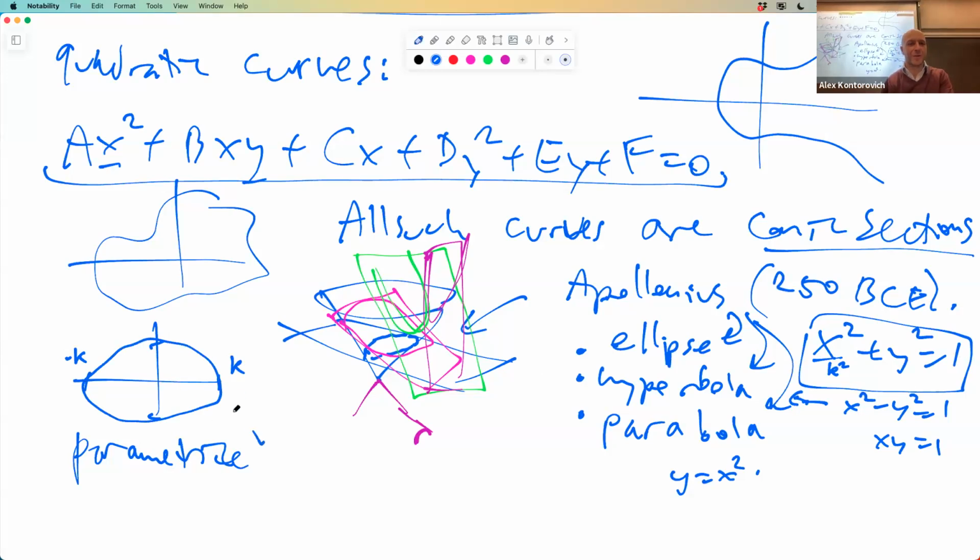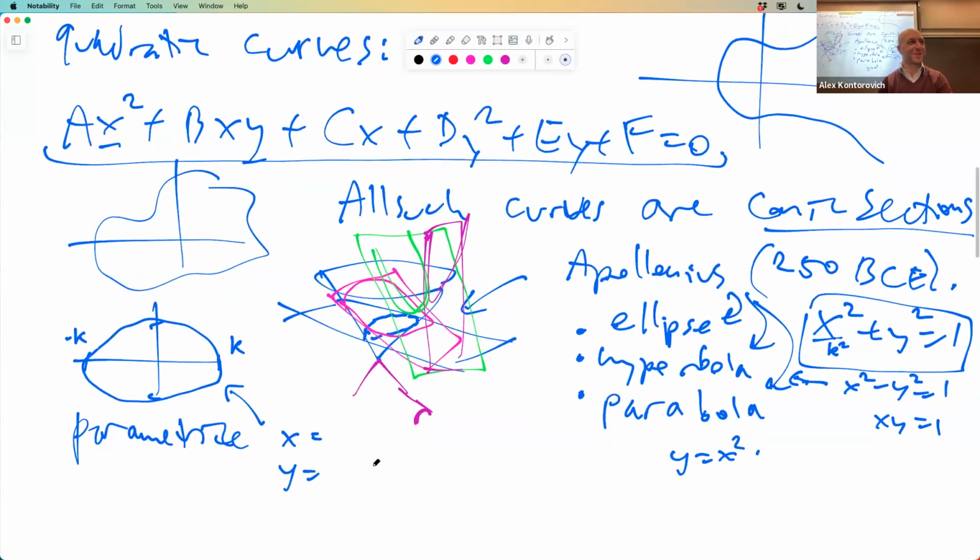And so can we parametrize an ellipse? You guys know how to parametrize an ellipse? Well, what if it was a circle? How do you parametrize a circle? Cosine of t and sine of t. Perfect.